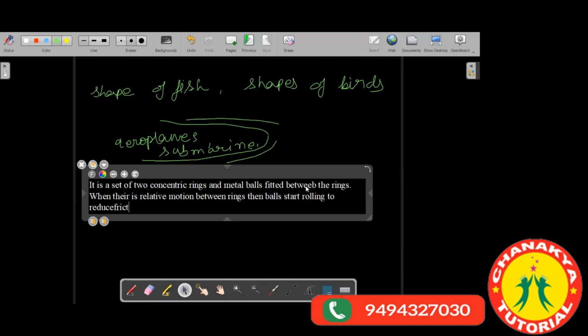See, we have seen that the rolling friction is less than the sliding friction.